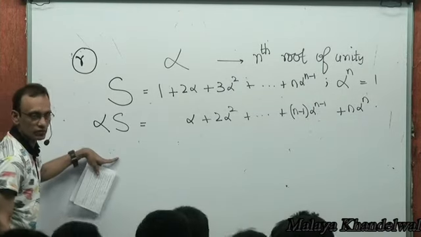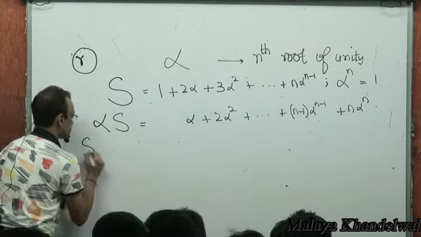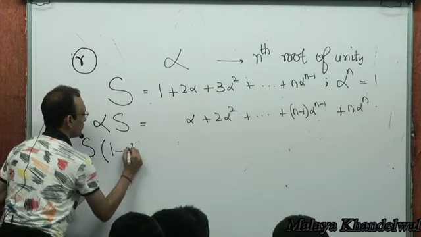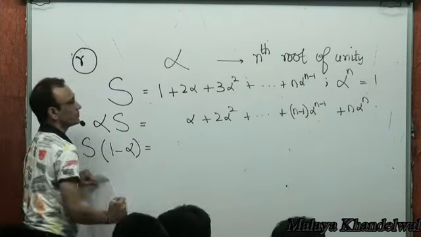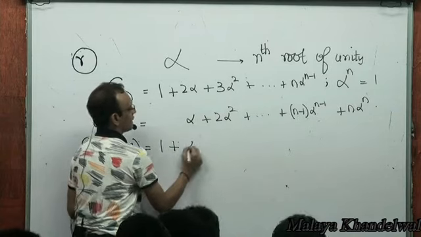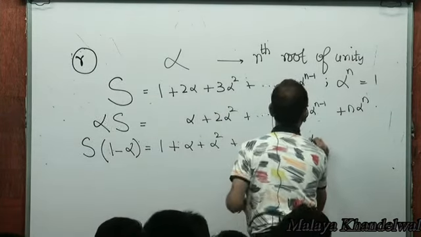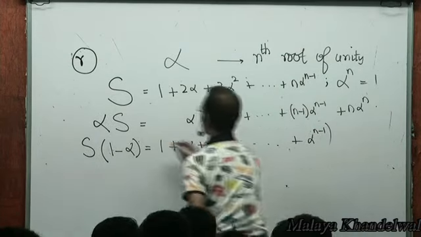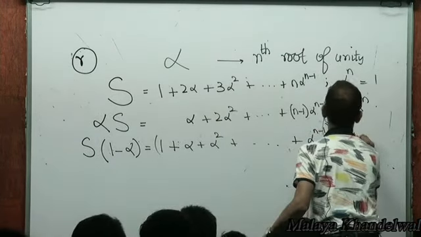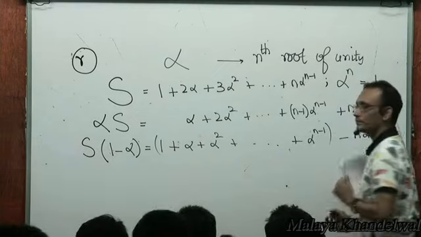And now I carry out a subtraction. So s into 1 minus alpha equals 1 plus alpha plus alpha squared plus up to alpha to the power n minus 1 minus n alpha to the power n.